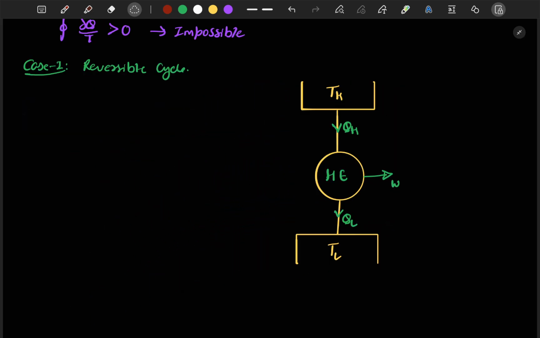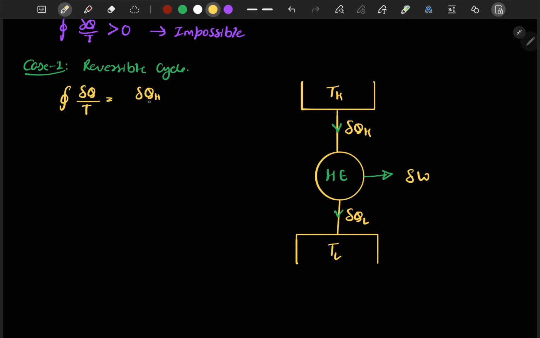so in case of a reversible cycle I can write the cyclic integral of del Q by T. Let me first redefine these terms. Let's say del QH is the heat from the higher source, del QL is the heat rejected to the low temperature source, and del W is the work produced by the heat engine.